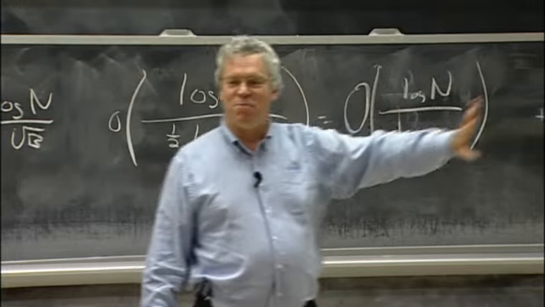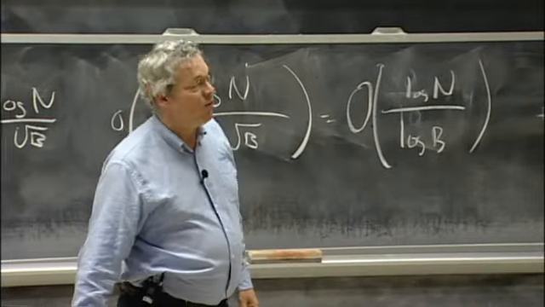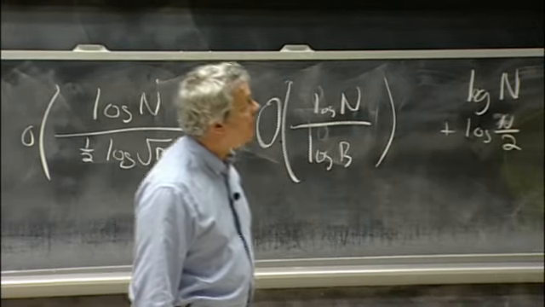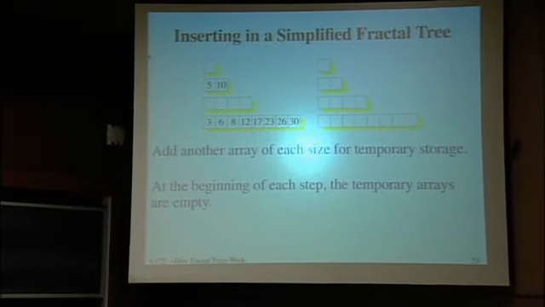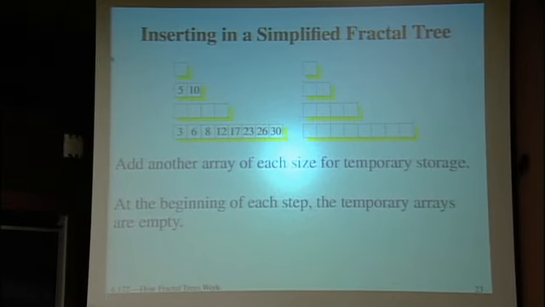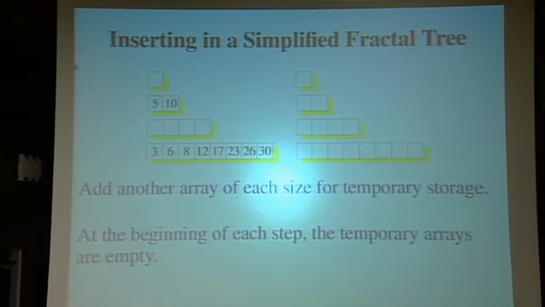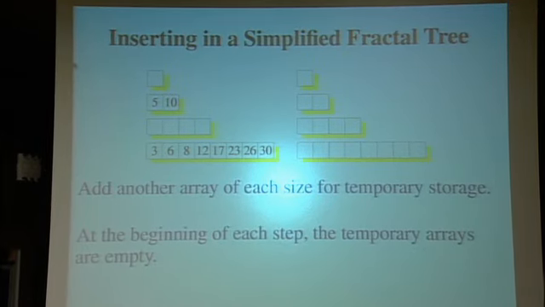So let's put that aside and see if we can do insertion, since we are doing so badly at lookups. To make this easier to think about, I'm going to add another set of temporary arrays. So I'm actually going to have 2 arrays of each size. The idea is that at the beginning of each step, after doing an insertion, all the temporary arrays are empty, and only the arrays on the left side have data in them.